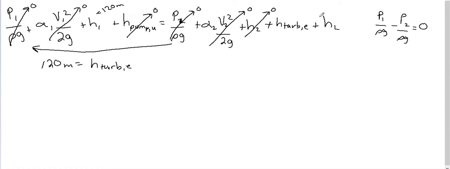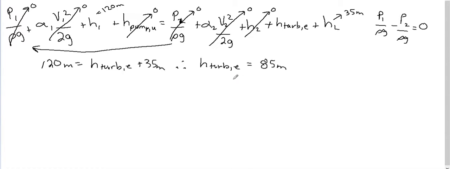And we were told what the head loss was, and that was 35 meters. So plus 35 meters. Therefore, the head of the turbine, we bring that 35 over to the other side, is equal to 85 meters. So we really reduced this equation quite quickly and just have one term left.